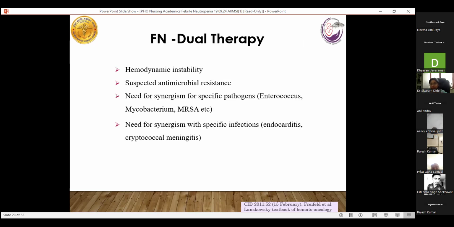But dual therapy can be considered in settings such as hemodynamic instability, suspected antimicrobial resistance, or need for synergy. If there is need for treatment of Enterococcus, mycobacterium or MRSA species, or the patient requires treatment for endocarditis or cryptococcal meningitis, then dual therapy is indicated.